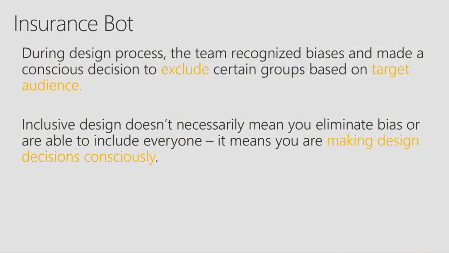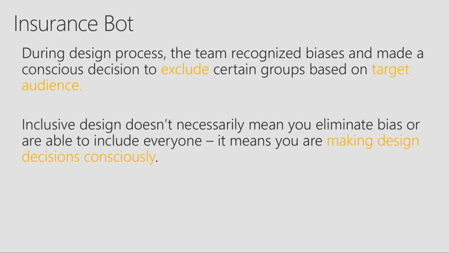We had a similar experience with an insurance bot we just did, in our inclusive design workshop, where again, we spent a full week just really going through what this experience is going to be. We're using the inclusive approach. We actually made conscious decisions to exclude certain audiences. We said that's not a target audience, not a target demographic. So there's purposeful exclusion.